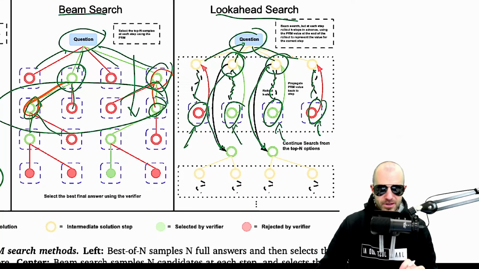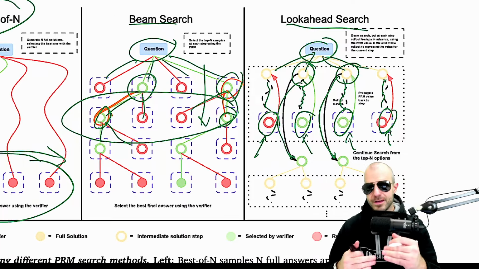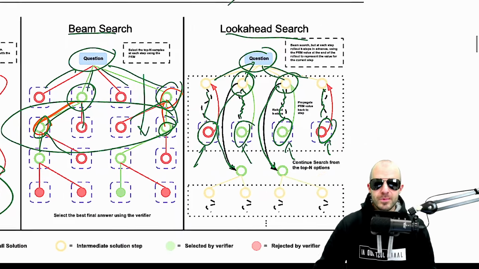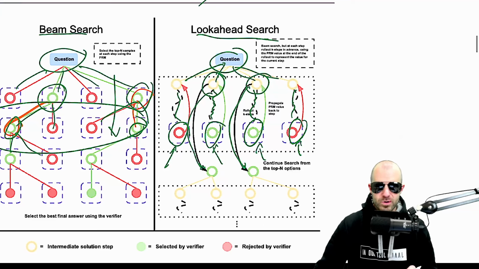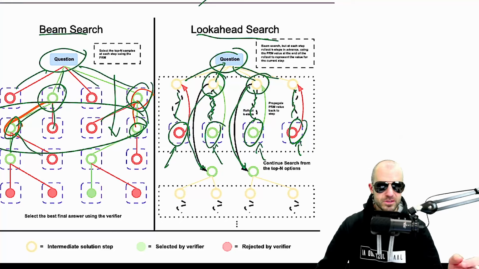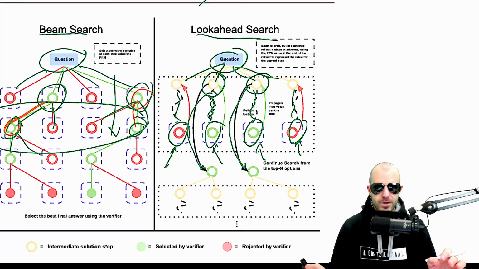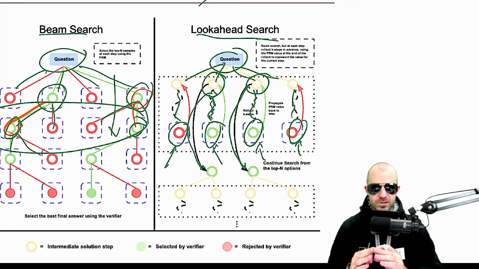Like in beam search, you already have to decide how wide, how deep, and so on. Look ahead search is even more complex, right? You have to decide how wide, how deep, how far is the look ahead. And by the way, if your model isn't good, then the look ahead might even hurt, right? You refine your answer a bunch of times, and if there's some noise in that process... AlphaZero will actually do a tree rollout.